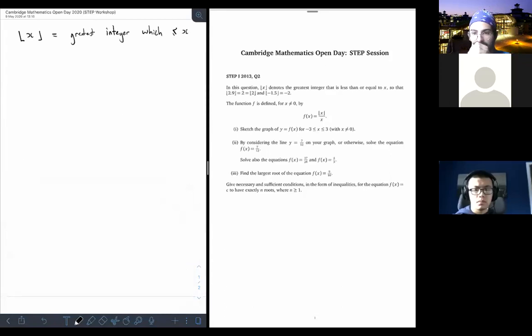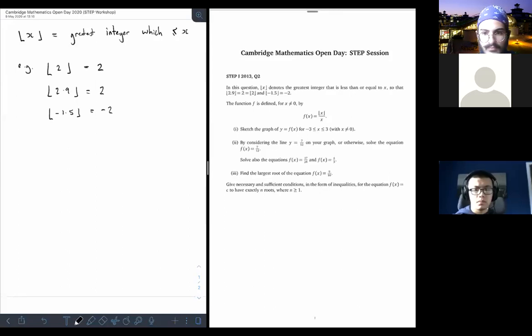Then we were given these examples: the floor of 2 is just 2. The floor of a decimal, 2.9, would be 2. But also for negative numbers, the greatest integer less than or equal to minus 1.5 would be minus 2. That gives us an idea of what this so-called floor function does.